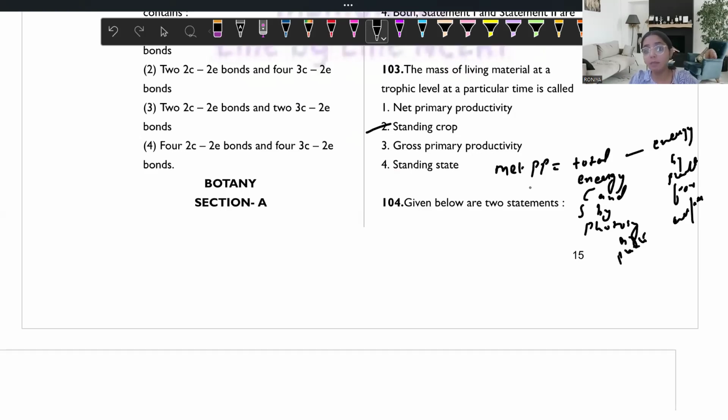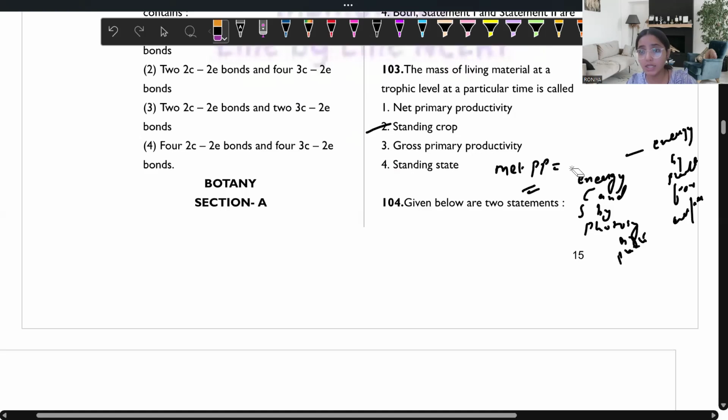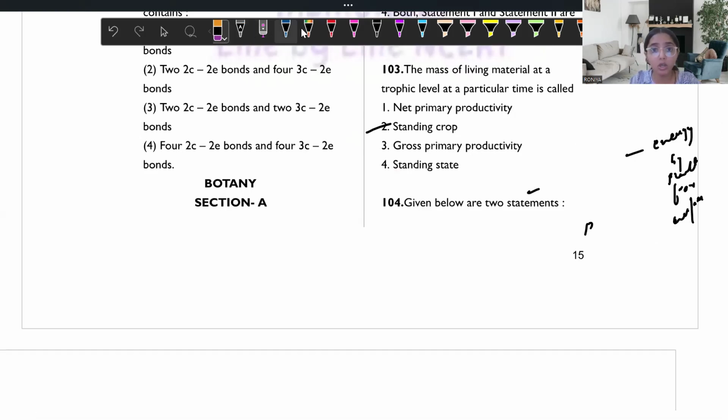So this is net primary productivity. And the total amount of energy captured and stored by photosynthesis by plants is gross primary productivity. I hope it is clear to you. So we have NPP equal to GPP minus the energy required for metabolism or respiration. Understood? So the answer to question 103 is option 2.